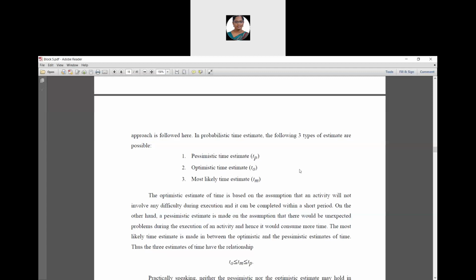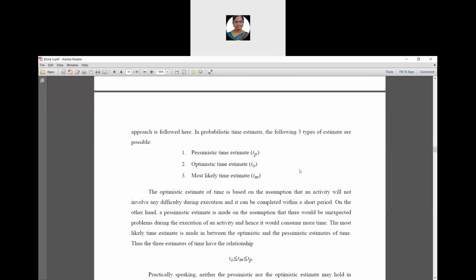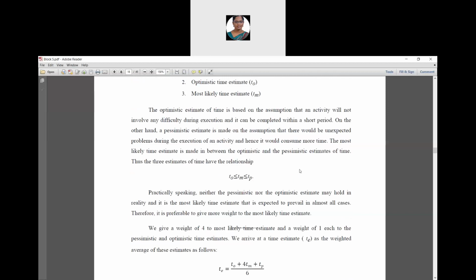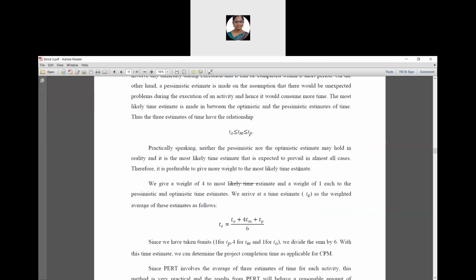The three estimates of time have the relationship T naught less than or equal to Tm less than or equal to Tp. Practically, neither the pessimistic nor the optimistic estimate may hold in reality, and it is the most likely time estimate that is expected to prevail in almost all cases.